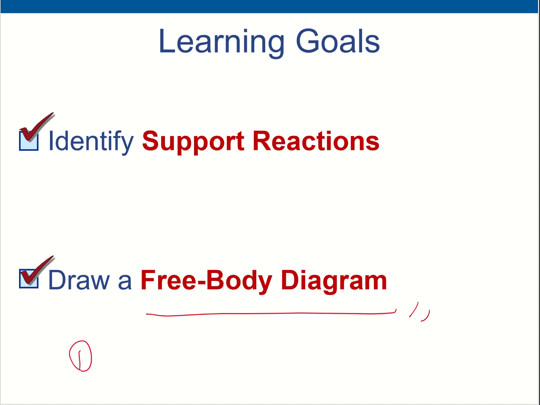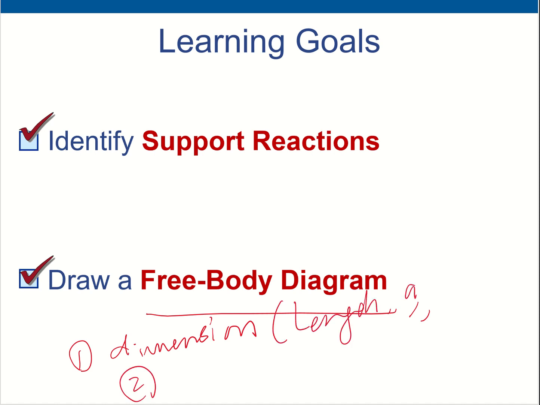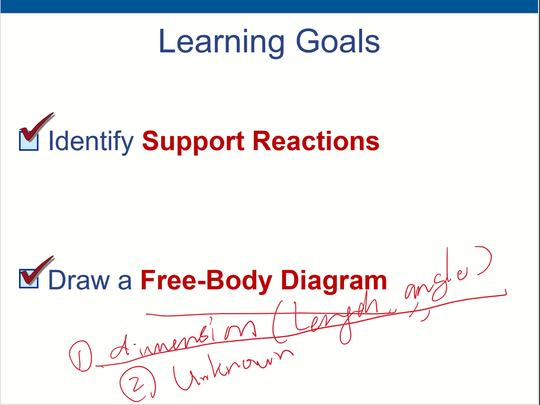First, show all the dimensions, which means length and angle information. This step is the idealized model, and then we can draw the free body diagram with all the unknown and known forces.